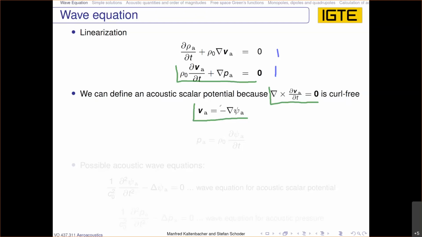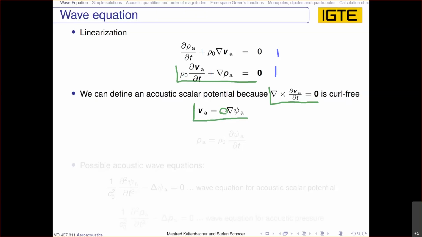The minus we have here is just because we are engineers and we know that the physical vector field always goes from a higher potential to a lower potential. On the other hand, the gradient always shows in the increasing value of the scalar function, and therefore we put a minus. But that is up to you, if you put a minus or not.